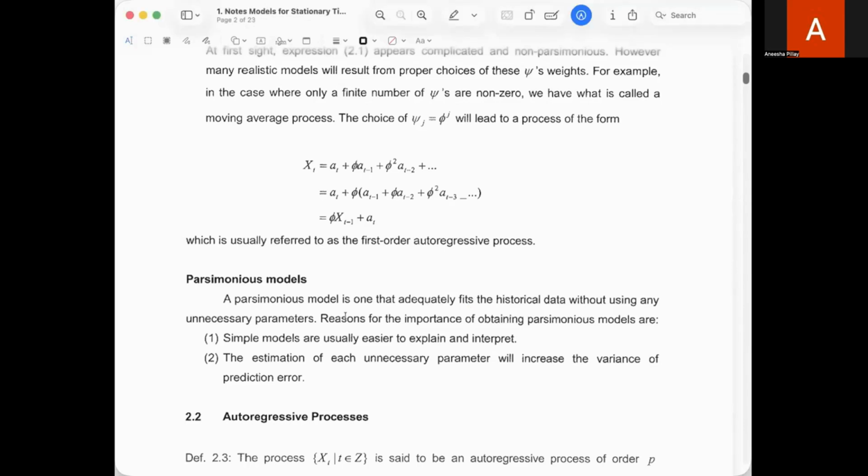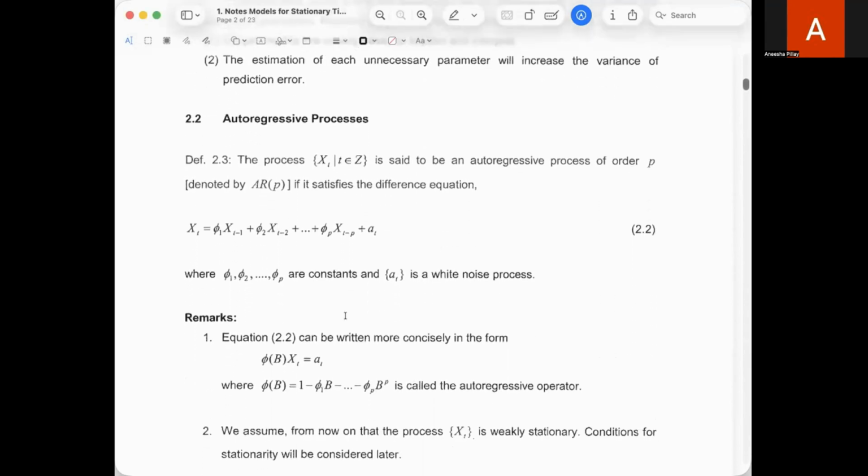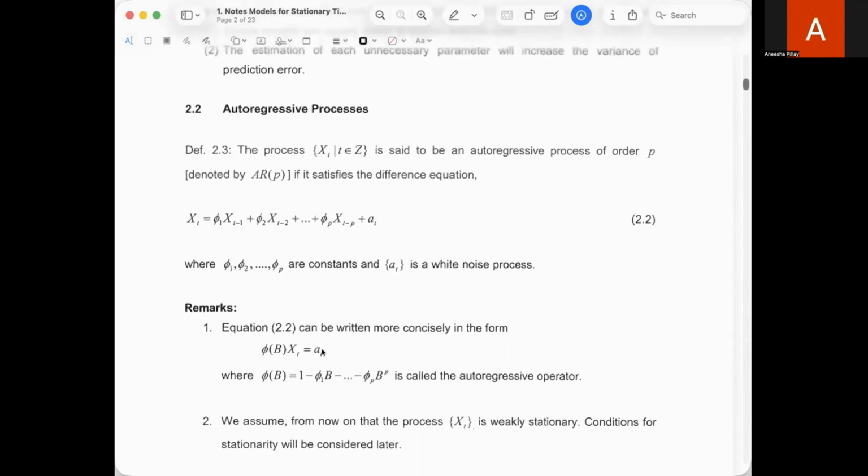So for today, we are going to get into the autoregressive process here. By definition, as you have learned earlier in the first video, the process is said to be an autoregressive process if it satisfies the difference equation, if it follows in this manner here.